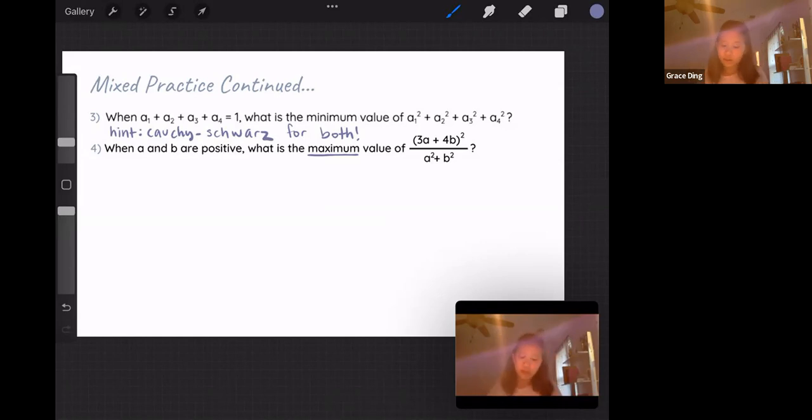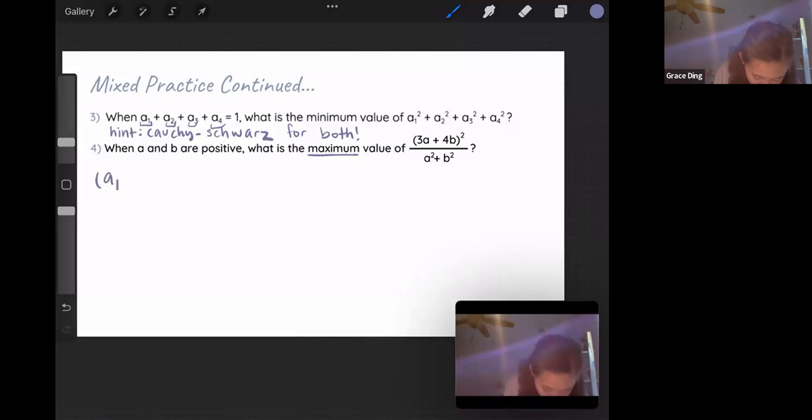Okay, I'll explain. For the first one, we're just going to use A1, A2, A3, and A4 as the terms. So, let's make sure that they're squared.